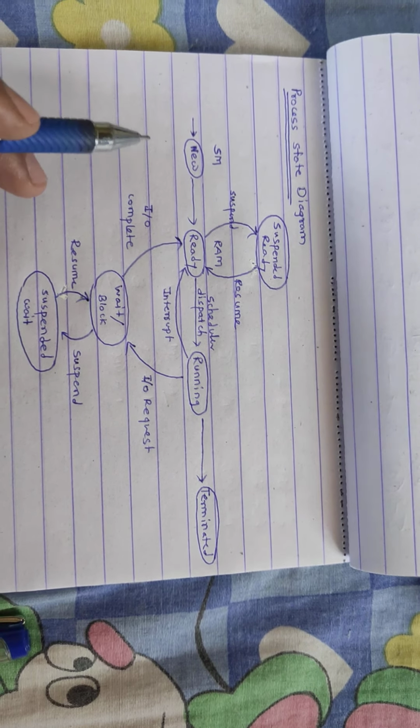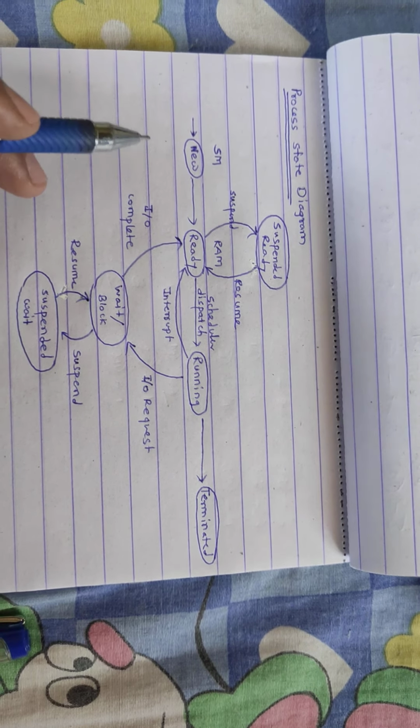The next possibility is preemptive scheduling. Preemptive means the process executes partially and then it is interrupted, and it goes back to the ready state. It happens in a multitasking environment, when multiple processes want to execute.